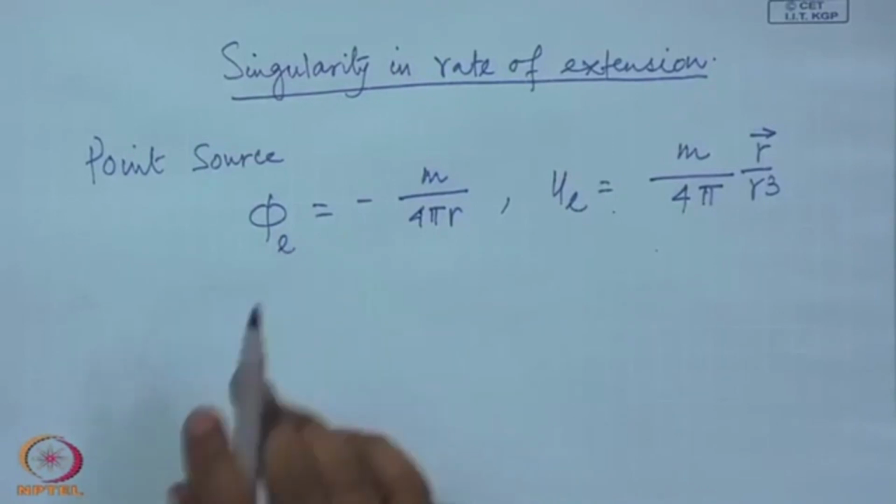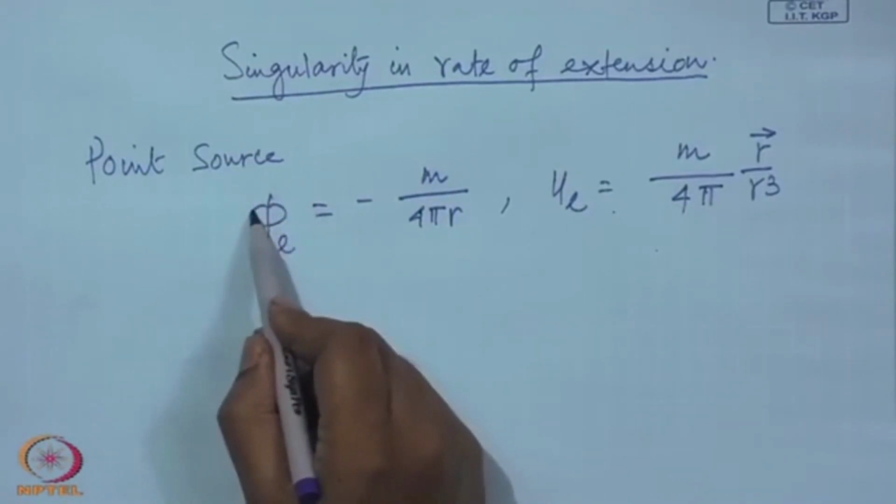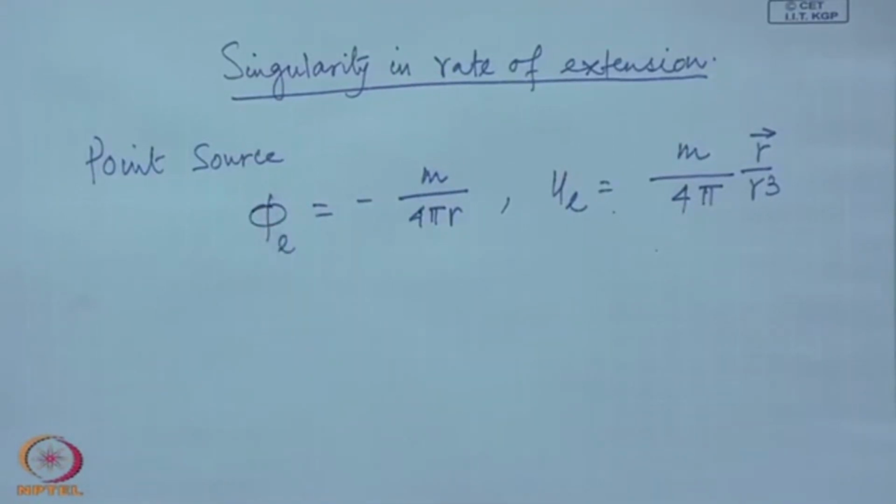This is why these are called singularities. If we consider any closed surface enclosing the point at which the source is located, then the flux of volume across that closed surface is m, which is called the strength of the source.